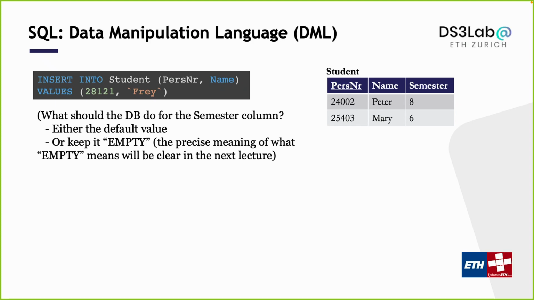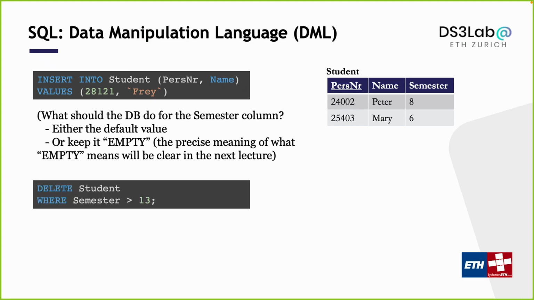If you do not specify a default value in the schema, the database is going to keep that empty. Okay? We are going to define what empty means. Next lecture is going to be actually very, very beautiful. And that's a way for you to tell the system how to say, I don't know. Okay? That's a very fundamental problem, but that's Friday. Okay? So far, empty.